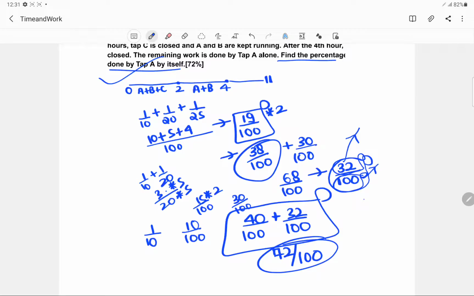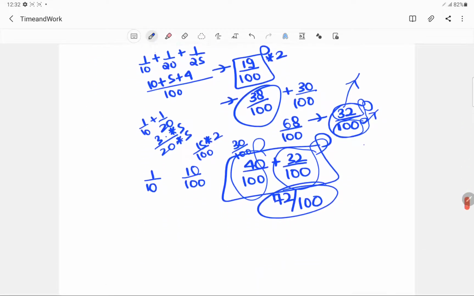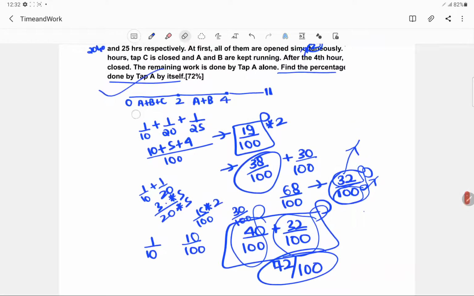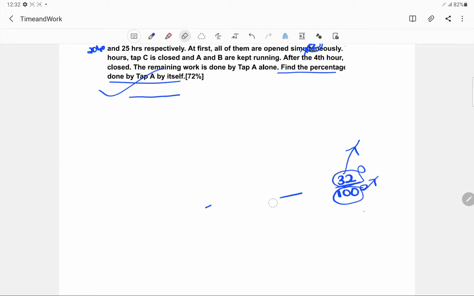For the first 4 hours, he filled 40 by 100 of the tank, and after 4 hours the entire responsibility of 32 by 100 was left to him. So he ended up doing 72% of the work himself. Okay, so this was a very good question.